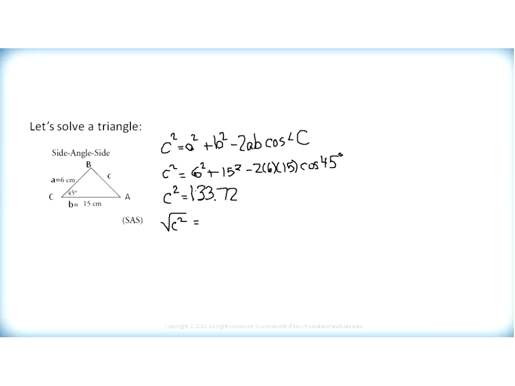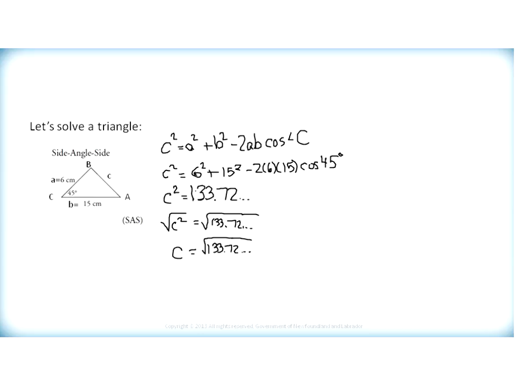So the square root of C squared is equal to the square root of 133.72, and there were more decimals, I should include those, but that's good enough for what we're doing right now. So that means that C is equal to the square root of 133.72. And once again, I'll go quickly to my calculator. Okay, so at this point, I still have 133.72 on my calculator.